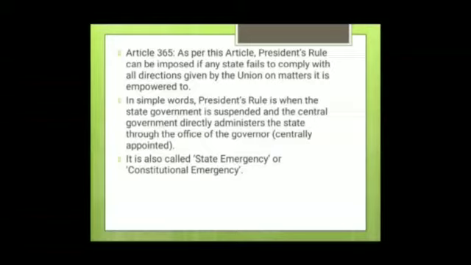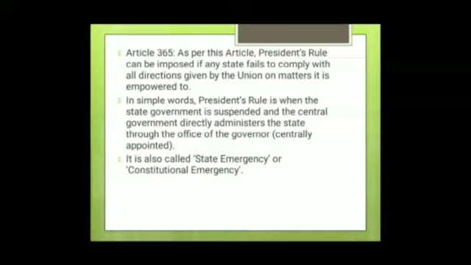Whereas in the second case, if any state fails to comply with the direction given by the union on matters the union is empowered to, then in that case also President's Rule can be imposed.